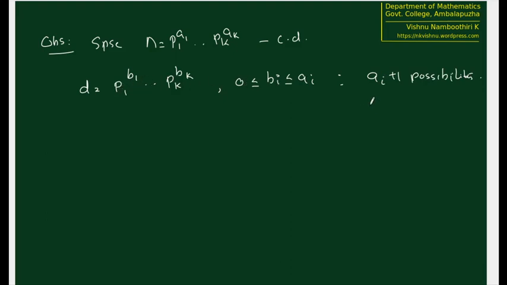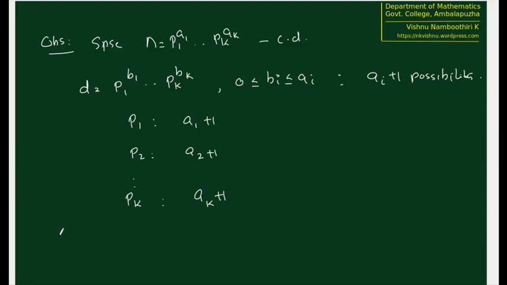So similarly for p1 there are a1 plus 1 possibilities, for p2 there are a2 plus 1 possibilities etc., and pk has ak plus 1 possibilities.